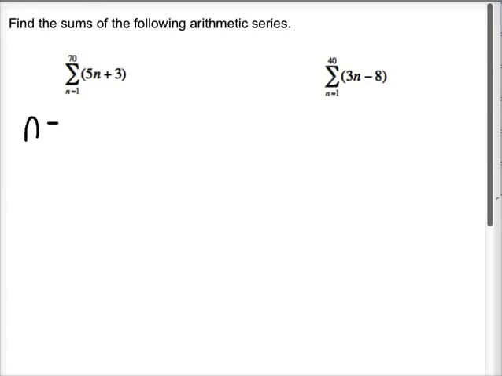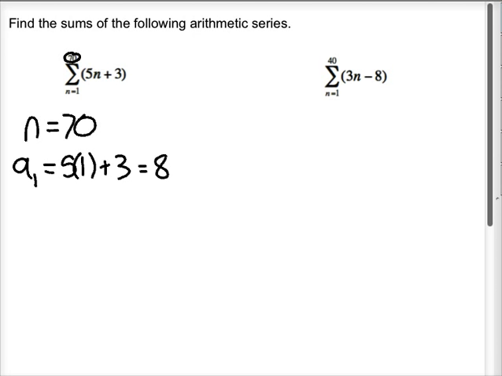So we need n. Well, n is always going to be the number there. If we're counting using n from 1 up to 70, well, that means that there's 70 terms that we're counting. A1 comes from plugging 1 into that formula. 5 plus 3 is 8.